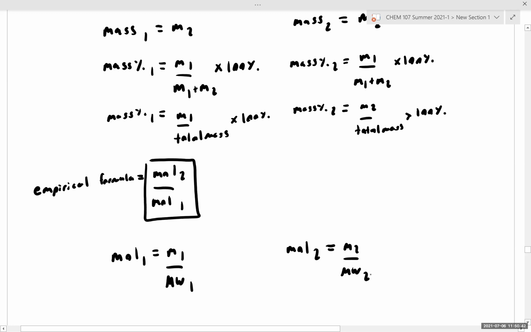So all we've done so far is just restated some common equations that we've used throughout the course. We know we can calculate the mass percentage of each element. We know we can calculate the moles of each element given the mass and molar mass. Does this make sense to everyone so far?